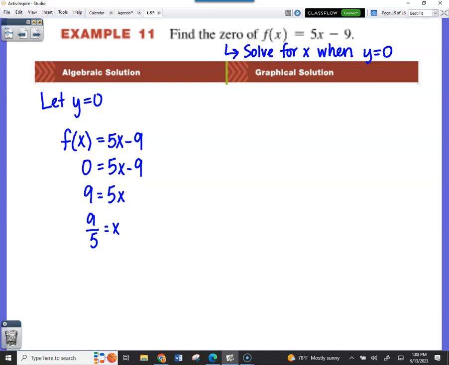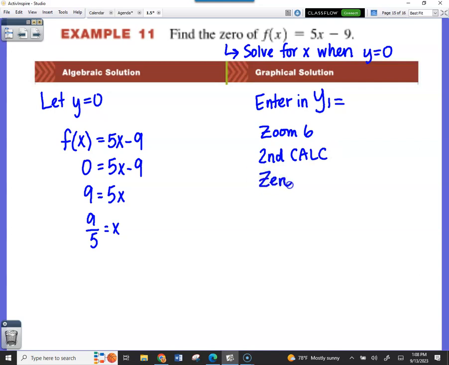The graphical solution would be enter in y1, like y equals. We've done this, so you may not even need to write these steps down, it's up to you. But you would enter in y1, you would hit zoom 6, you would look to see where it's crossing the x-axis. We wrote these down the other day. You'd say second calc.